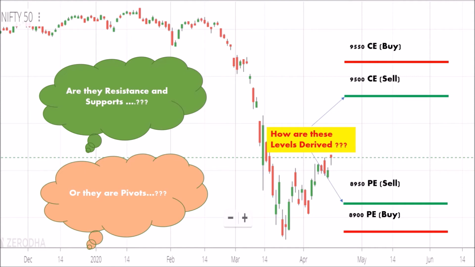But with due respect to all the experts, I personally do it in a different way. The problems which I faced with the pivot points are that Nifty may just open above your R1 or R2 or below your S1 and S2.